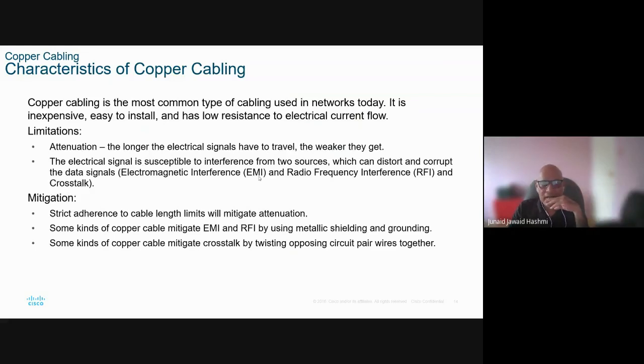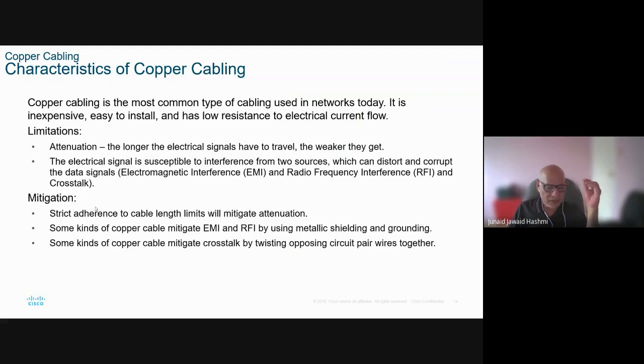So in a manufacturing environment, it's better to use fiber optic cable because they carry light signals, so they cannot be interfered with by the electronic devices. Okay, so that's the thing about the copper cable.